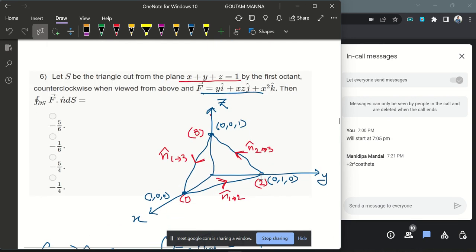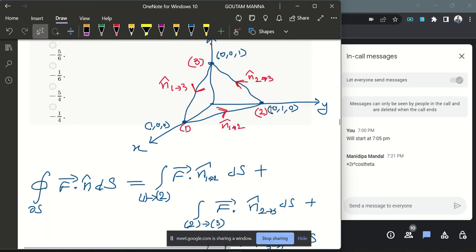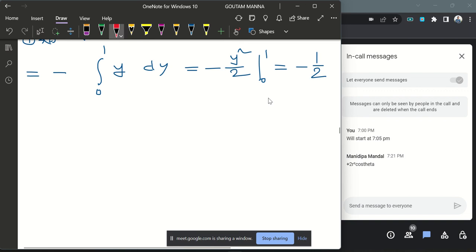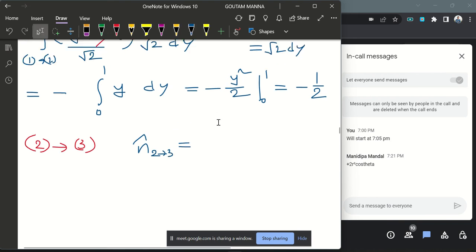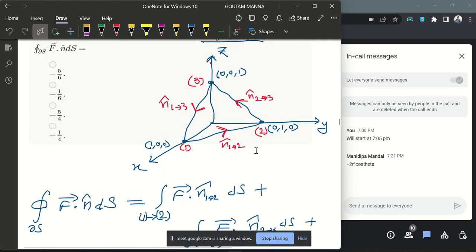And now you calculate this second integral, point 2 to point 3. So here the n hat vector from point 2 to 3 is positive along the z axis and it is going negative along the y axis.